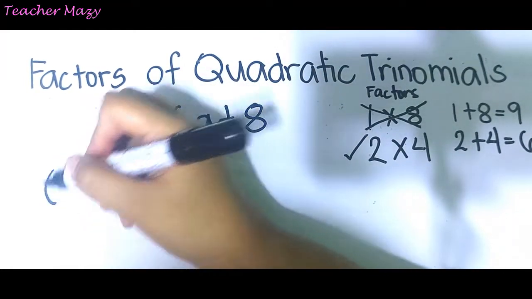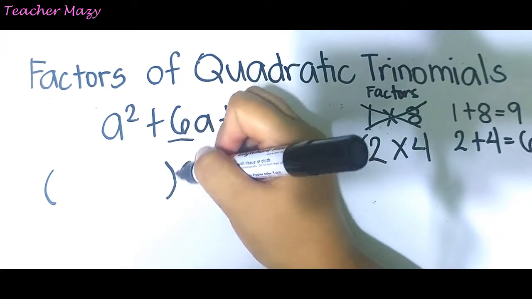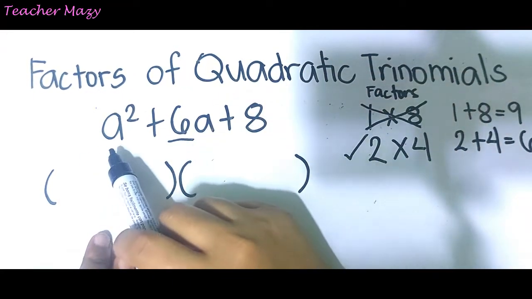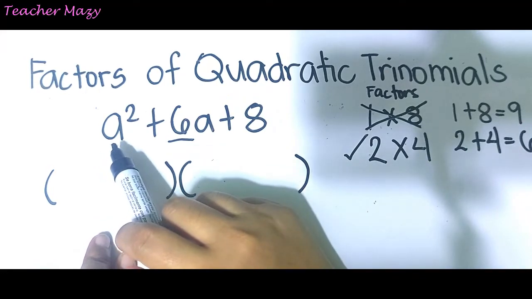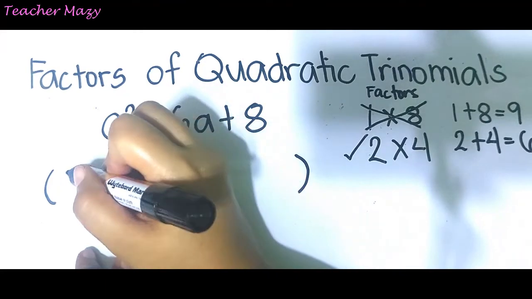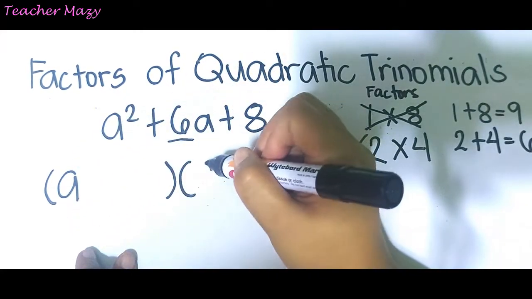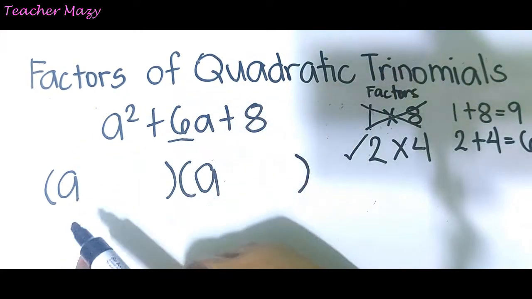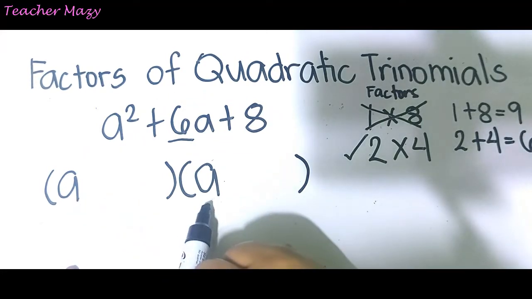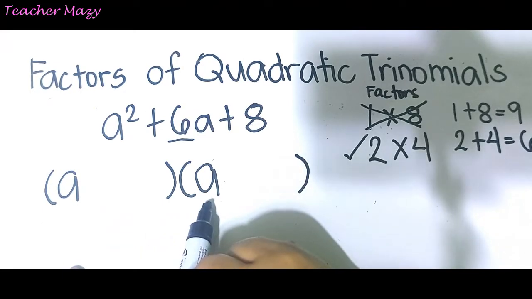First, let's create 2 quantities. Then let's distribute our first term, which is a squared. The factor of a squared is a, so there are no other factors other than this one. Let's put a in the first quantity, and another a in the second quantity.